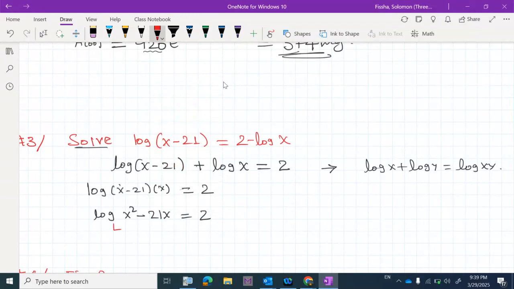That means I have base 10 here, understood. So you have to remember this logarithm rule: log of x base b equals y is the same as b to the power of y is equal to x. So this 10 to the power of 2 is equal to that.